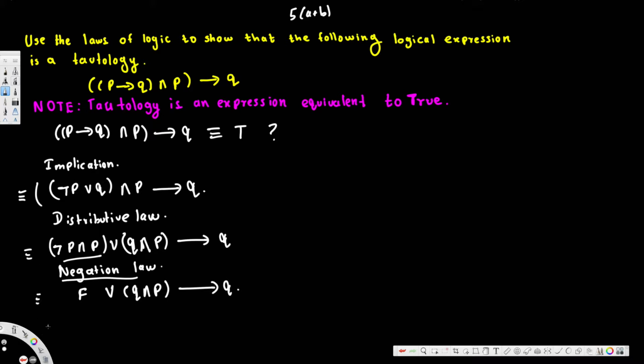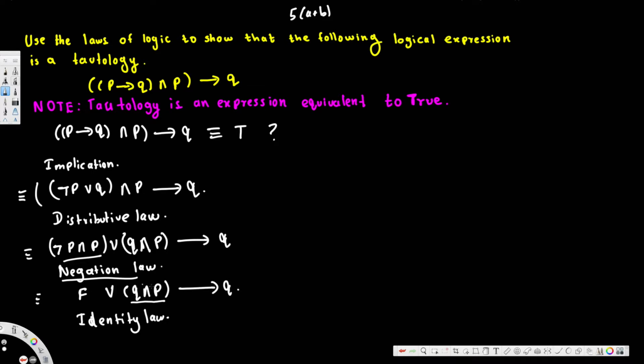The next thing is we are going to use identity law. Identity law says if you OR with false, it's going to be itself. If you OR with false, it depends on this one. If this is true, this is going to be it, and if this is false, this is going to be it.